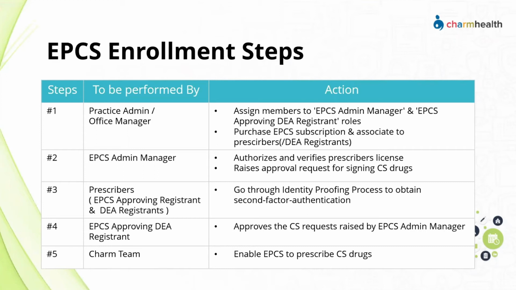What was your average cost per month, or something like that? Essentially they're credit questions, but they're used to prove your identity, and this is through ExoStar again. Next, the approving DEA registrant will approve the controlled substance request raised by the admin manager. And then finally, once that's all done, the Charm team will enable you on the back end.